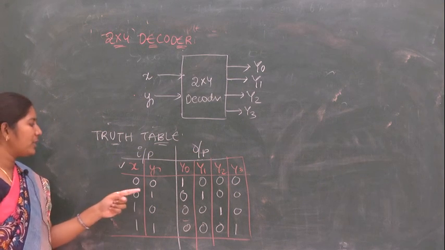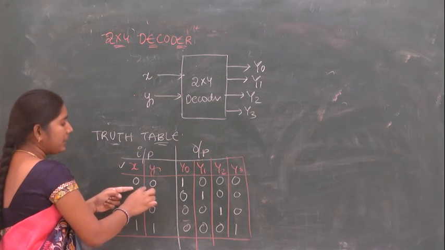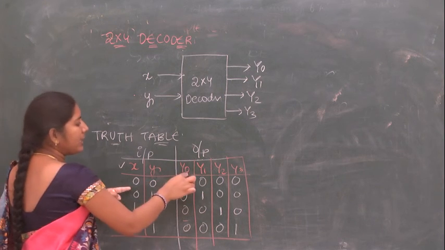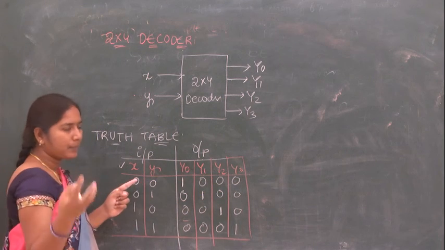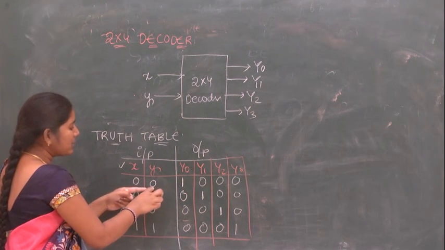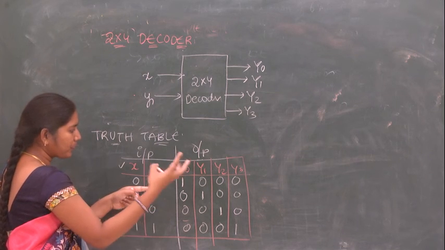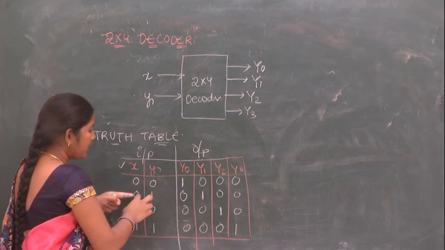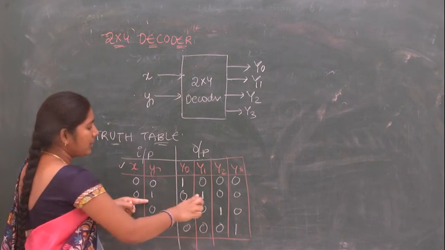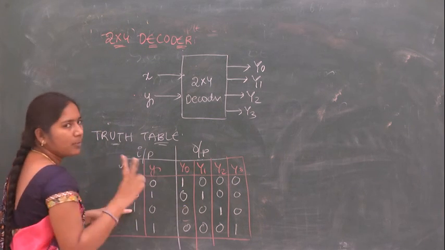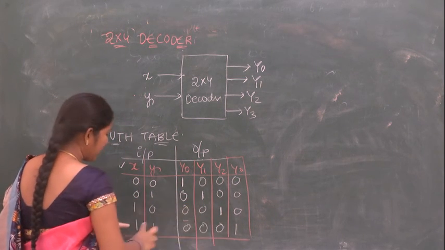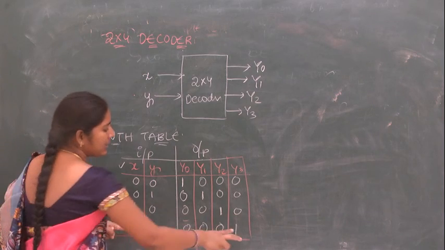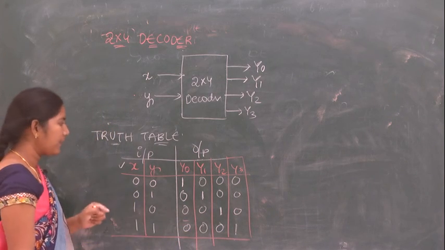It is like a simple conversion. This is a binary number, and the corresponding decimal output is always getting high. See, 0 0 in binary is 0 in decimal, so y0 is high. 0 1 means 1, so y1 is high. 1 0 means 2, so y2 is high. 1 1 means 3, so y3 is high.